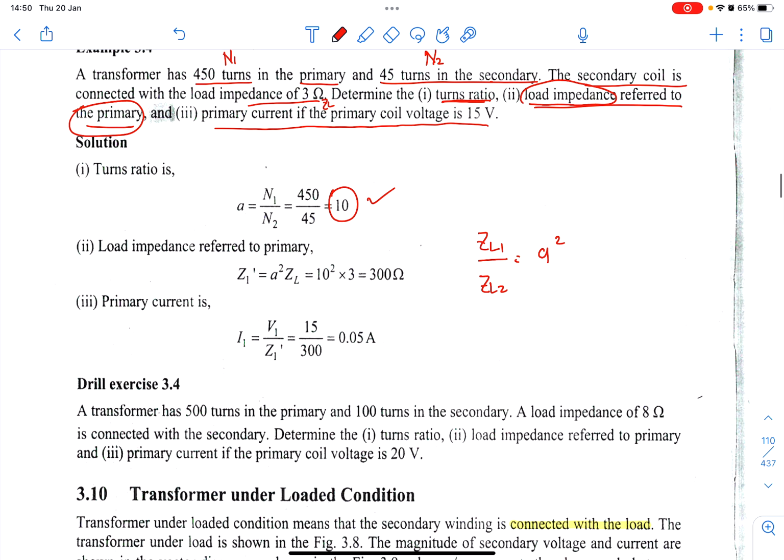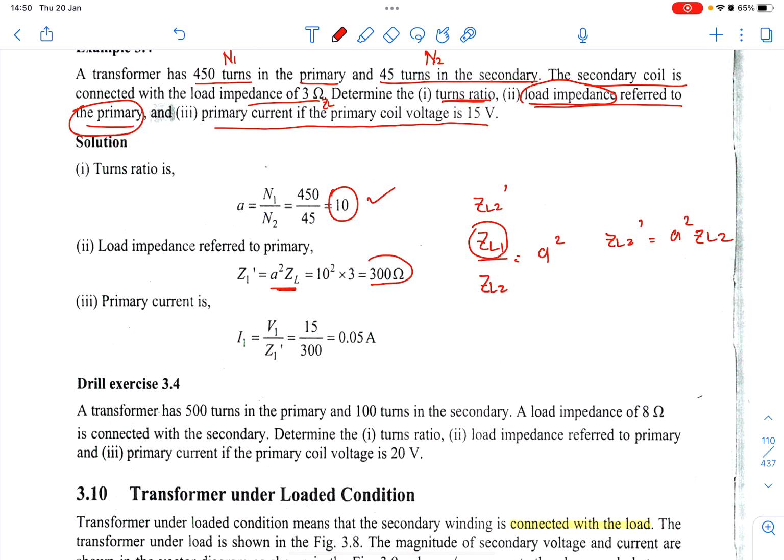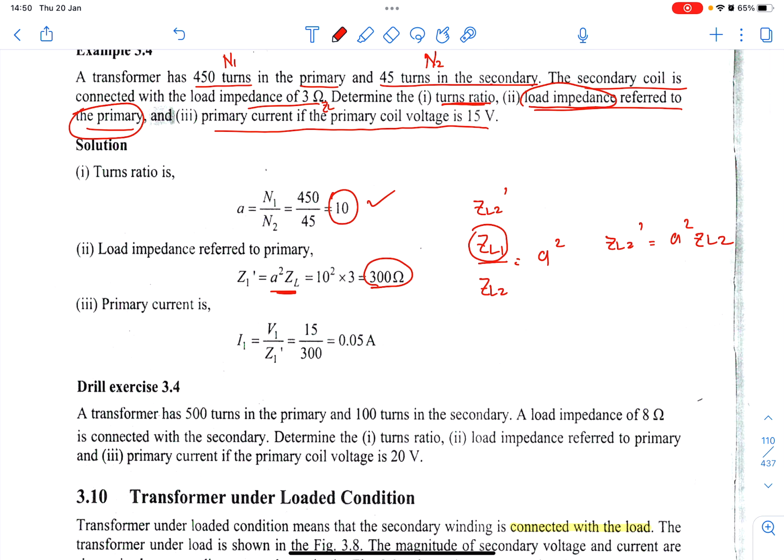So you need to rename this ZL1 jadi ZL2 prime. So ZL2 prime equal to A square ZL2. So ZL2 prime is equal to 300 ohms. So we finish the turns ratio and the load impedance referred to the primary.